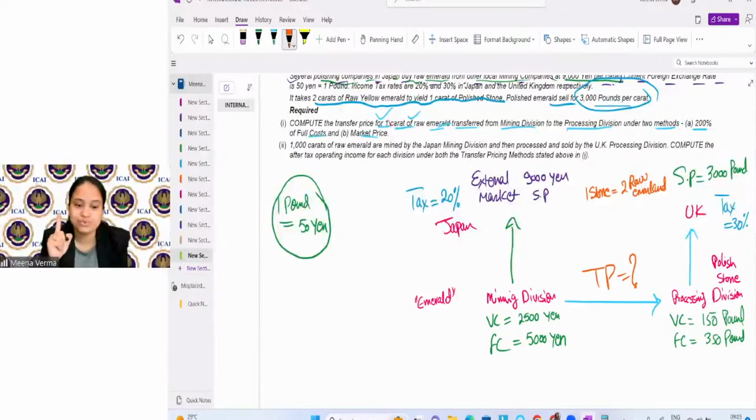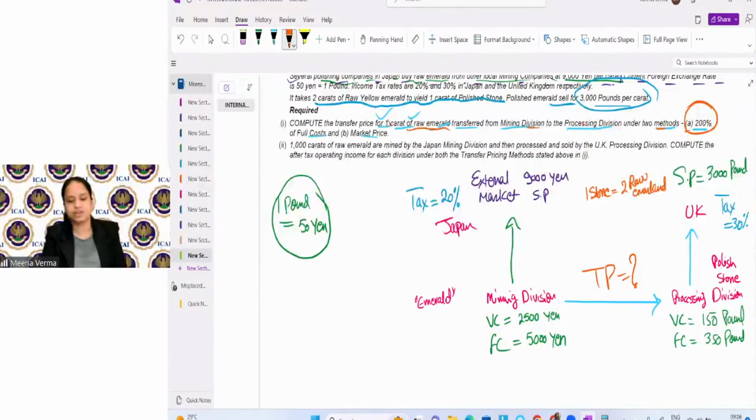Transfer price from Japan to UK. What will be the transfer price under two methods? First method is to consider the full cost, 200% of the full cost.